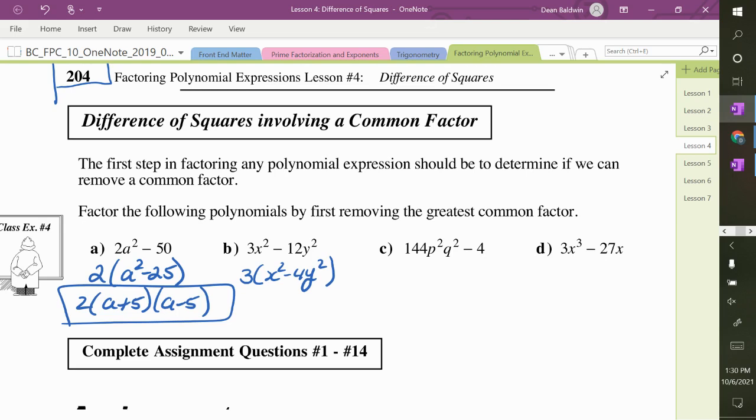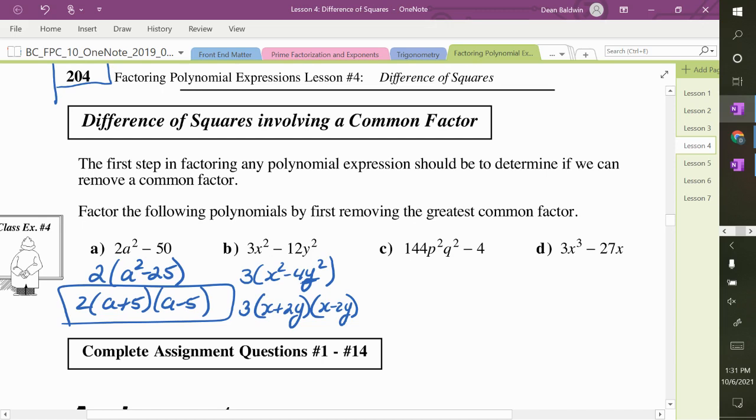Can you square root x squared? Can you square root 4? Can you square root y squared? So what do you get? Plus 2, minus 2? 2y. There you go. x plus 2y, x minus 2y.